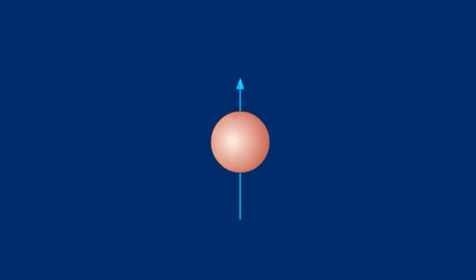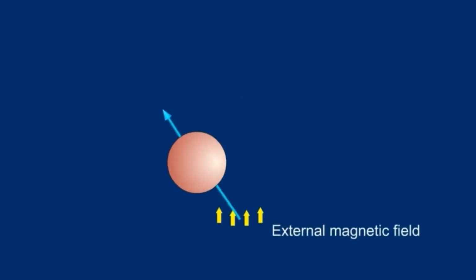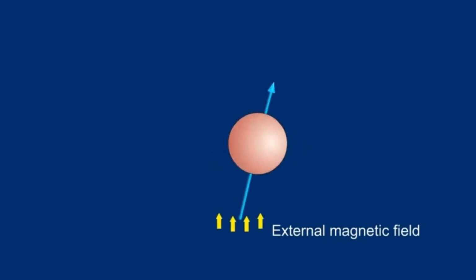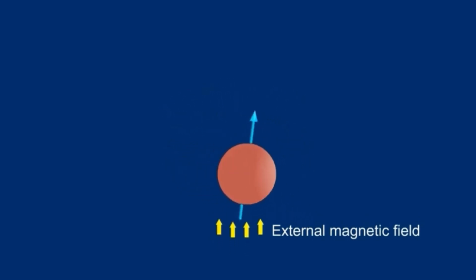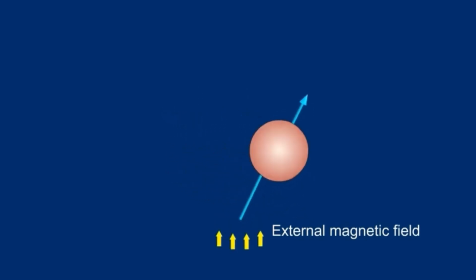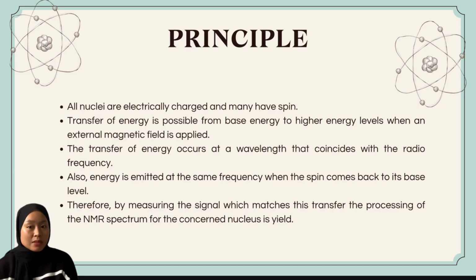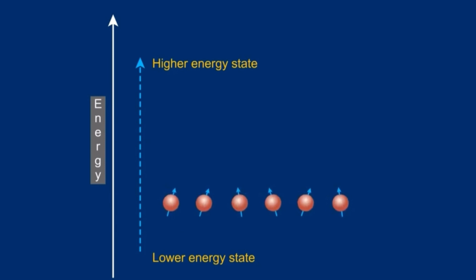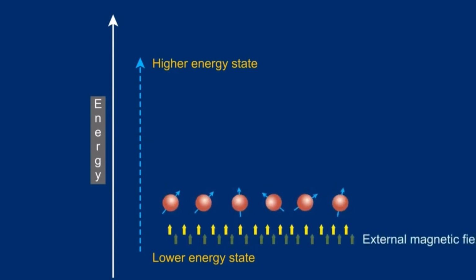All nuclei are electrically charged and have spins, according to the NMR principle. An energy transfer from the base energy to a higher energy level is achievable when an external magnetic field is applied.